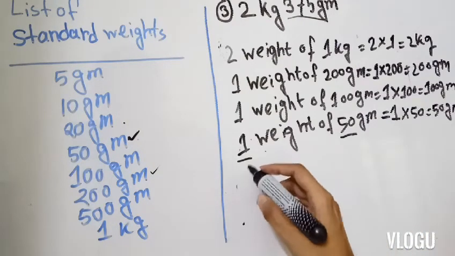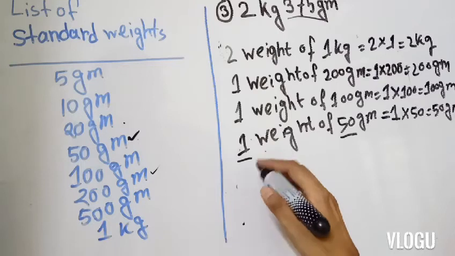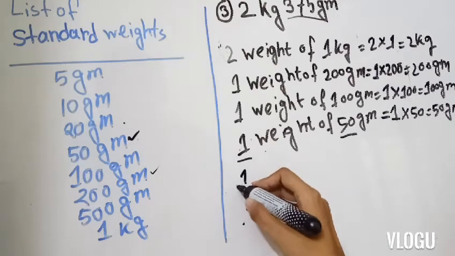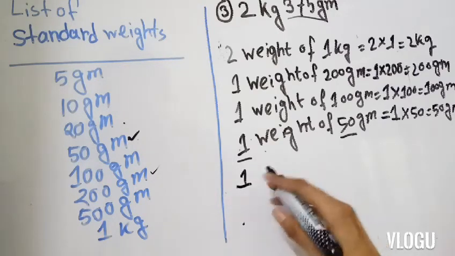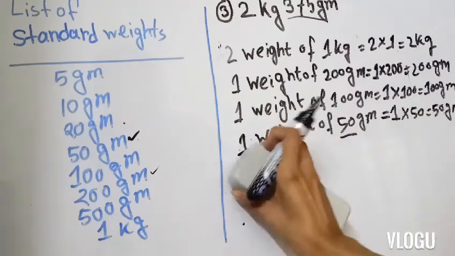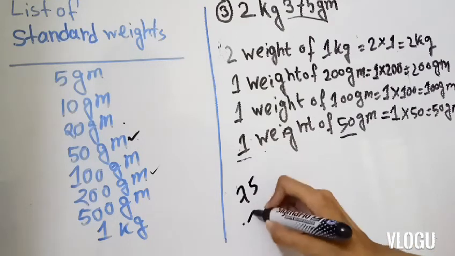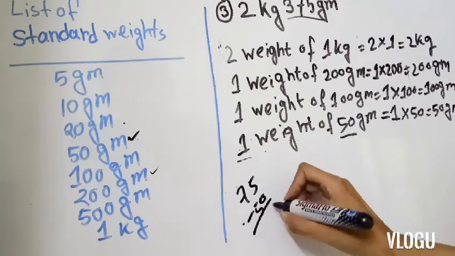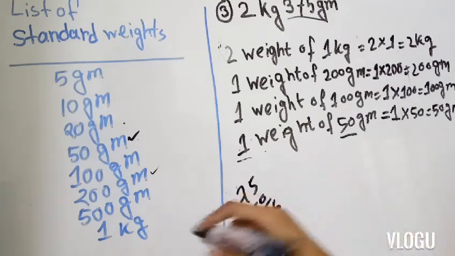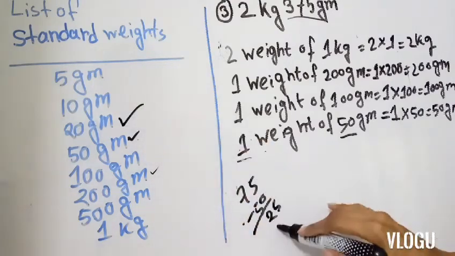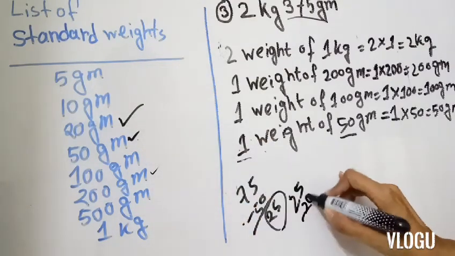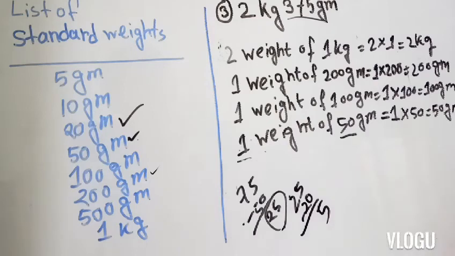Again left is from 75 minus 50, 25 gram. If I take 20 gram, 25 minus 20 is equal 5 gram.